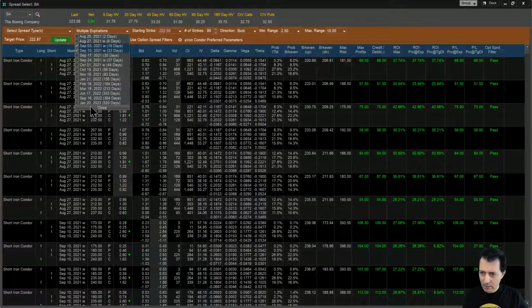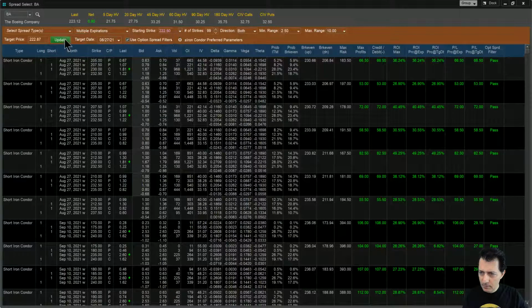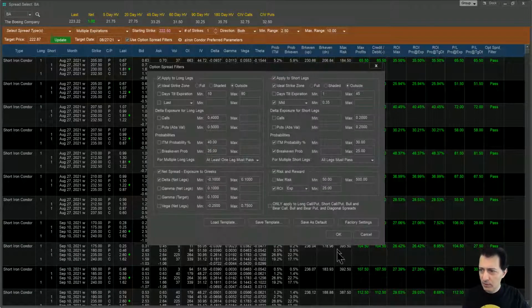So then I'm going to move to disabling August 27 like we did before. I am going to go ahead and change the filters as well to force the range to be just a bit wider with the probabilities.